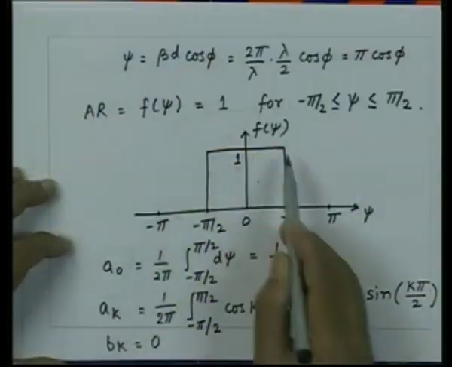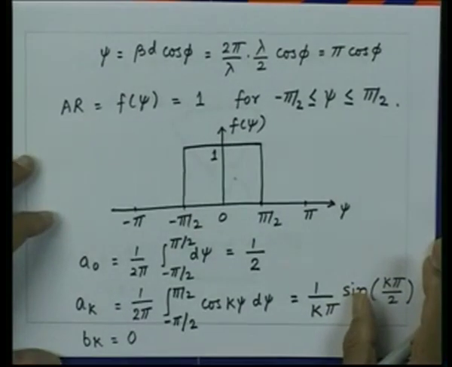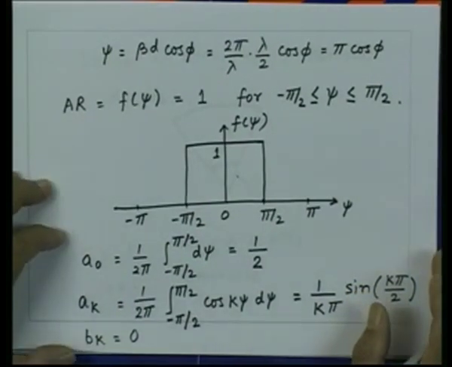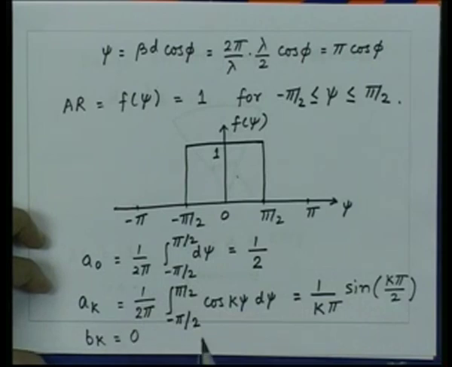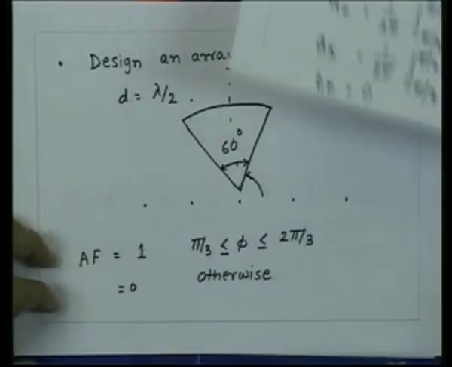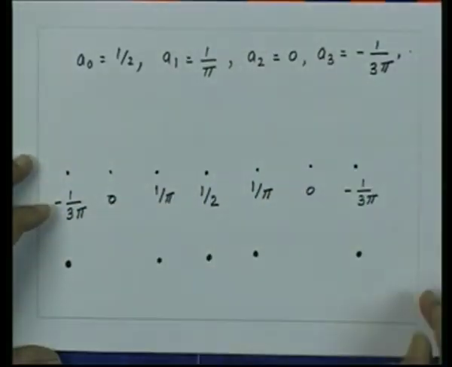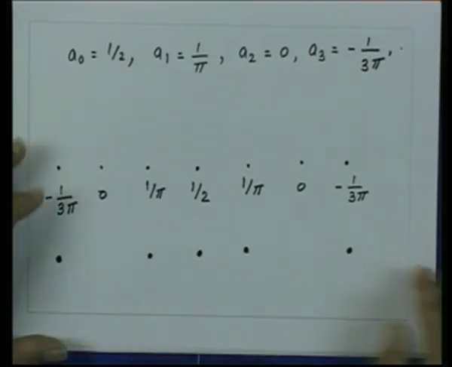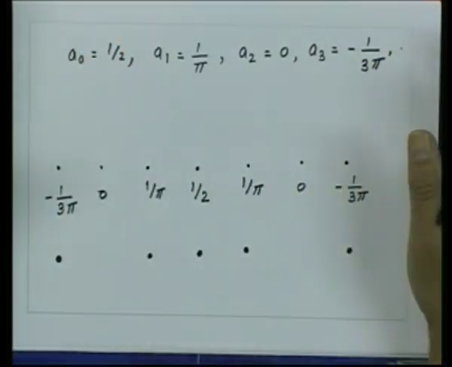So, you get a function which is periodic over psi equal to plus minus pi. Then you find the Fourier coefficients for this function, and the coefficients of the Fourier series essentially give you the current distribution. By increasing the number of elements to any arbitrary number, one can realize a radiation pattern which could be as accurate as possible to the desired radiation pattern.